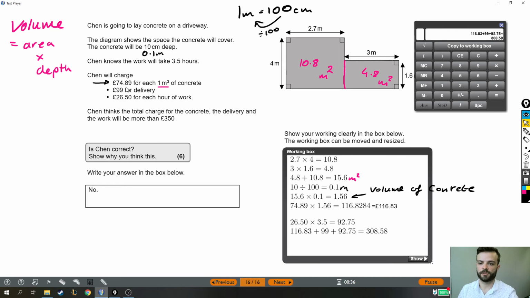Then we know how much the charge is per meter cubed, so we times that cost by how many meters cubed we need, which was 1.56. That gave us the cost of the concrete, and after that it was a lot easier. We then added the delivery charge and the cost for the hours, and that gave us the total cost. The only other thing we did in the middle there was work out how much the cost for the labour was by timesing the hourly rate by how many hours were worked.